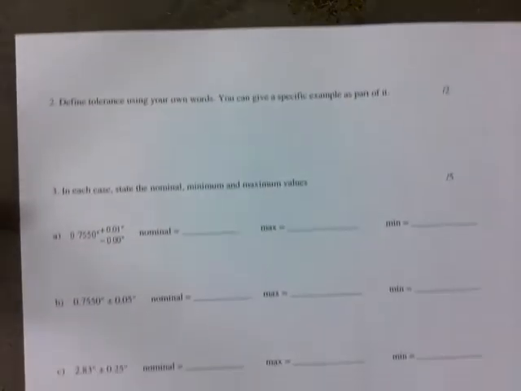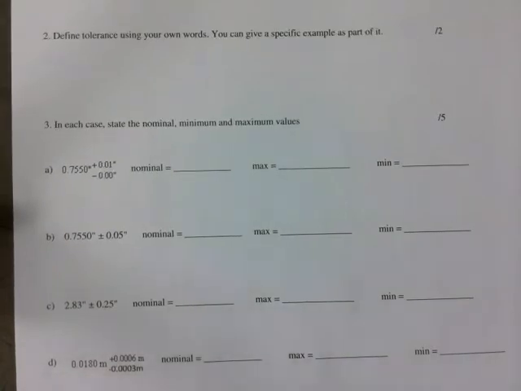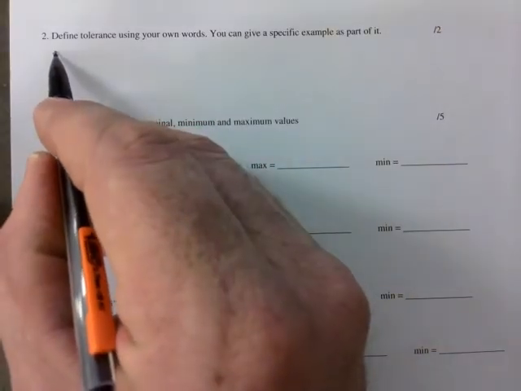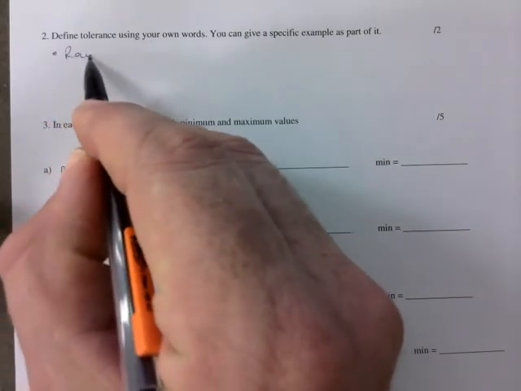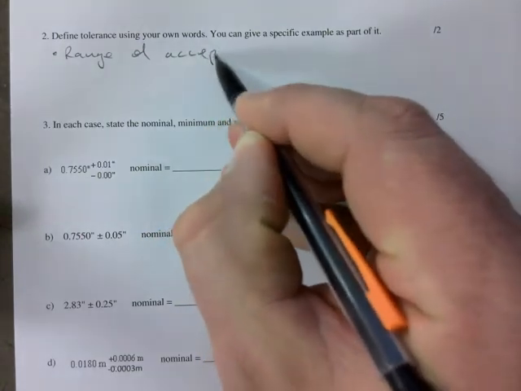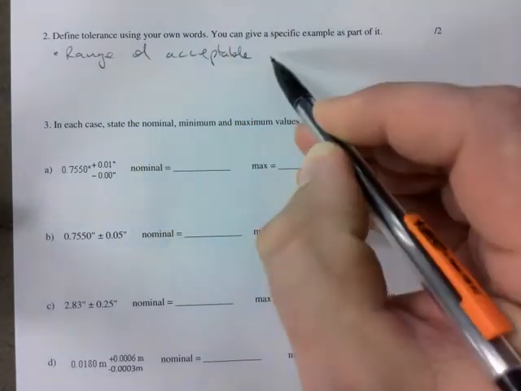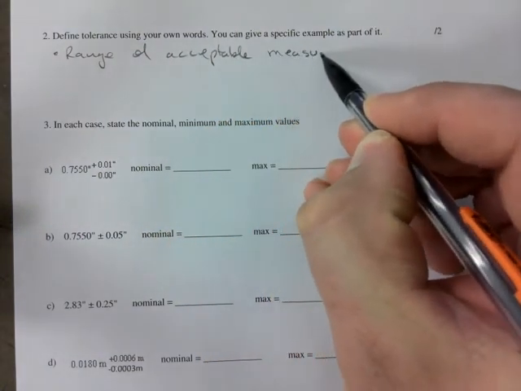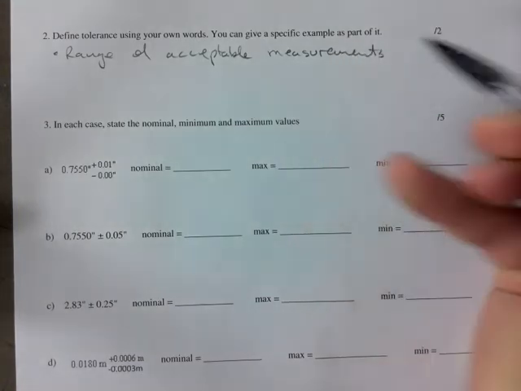Back side now. Define tolerance using your own words, or you can use the definition, right? It's the range of acceptable measurements. That's one way of looking at it, right?